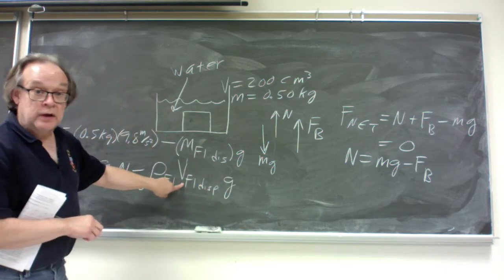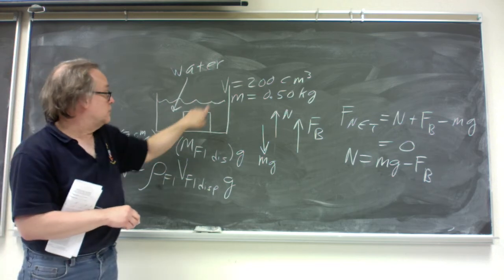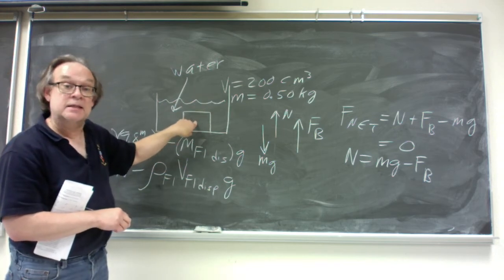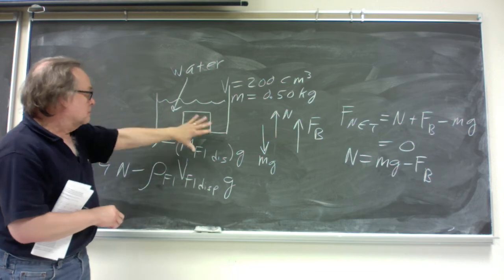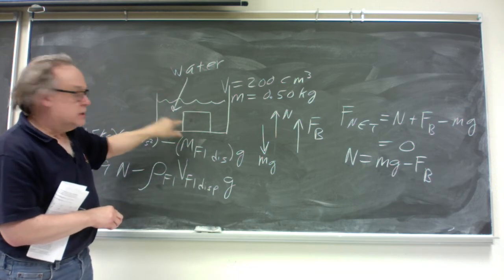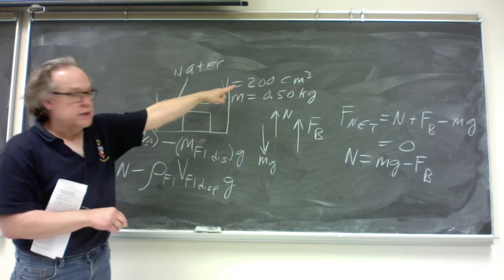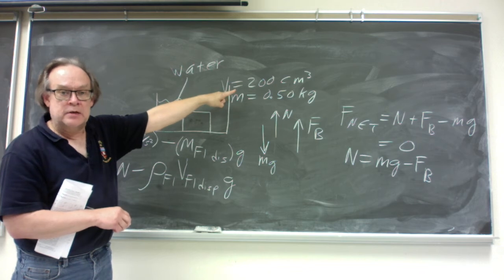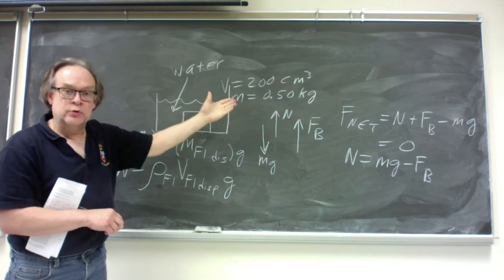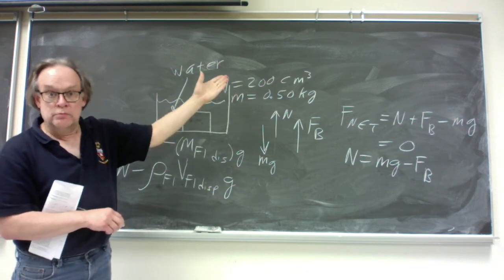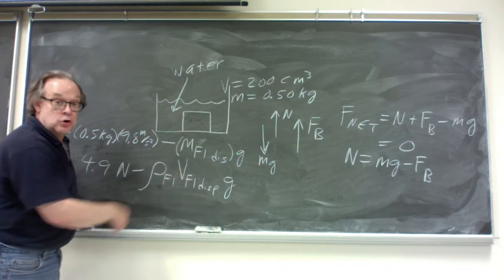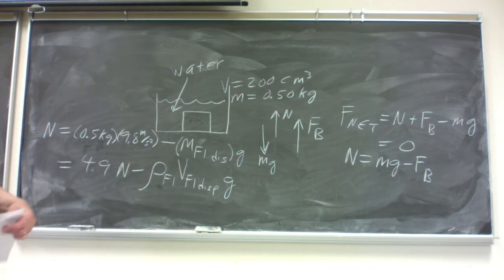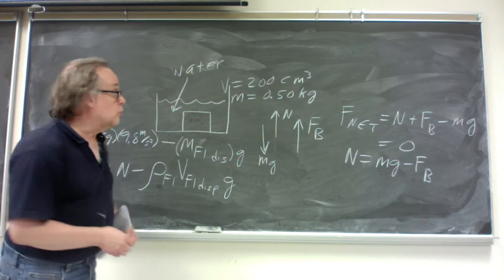But of course, the volume of fluid displaced is the volume of this thing, because this is the thing that did the displacing. Enough water had to be displaced to make room for something with a volume of 200 cubic centimeters, so 200 cubic centimeters of water were displaced. So now we've got enough numbers to figure out this term, and that'll tell us exactly what the strength of the normal force is.